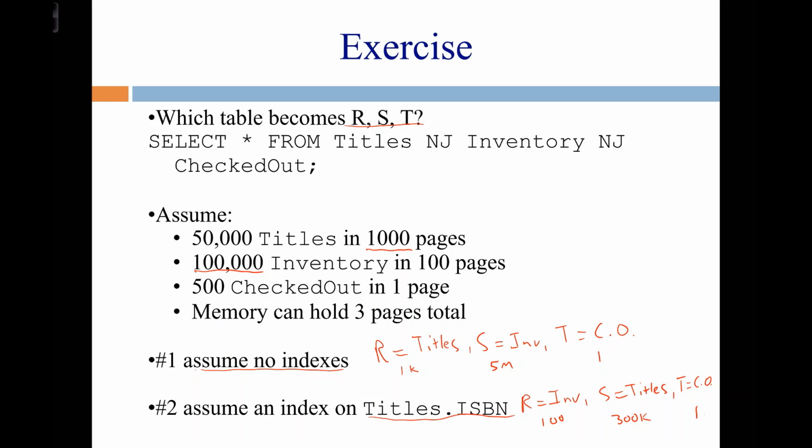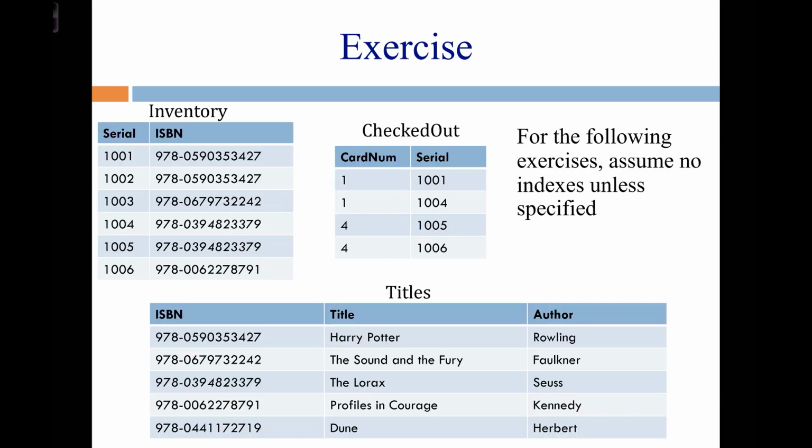Where it might actually make a difference is since we're starting with inventory as R, so we did inventory is R, titles is S, checked out is T. So we're starting with inventory, which means we're taking this ISBN and looking it up there, since there is an index on this ISBN.